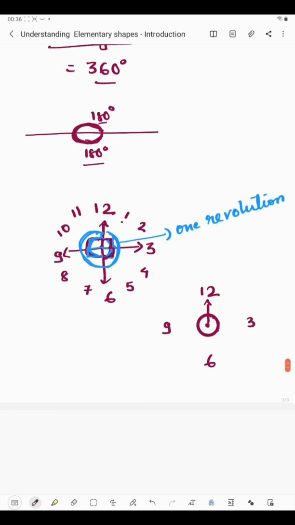Now if I tell you that the hand of a clock starts from 12 and reaches up to 6, that means it is half of a revolution, because this is the complete revolution and this is the half revolution. So we can write half of a revolution.